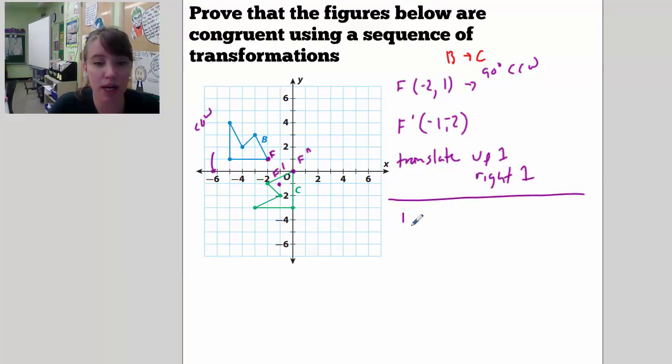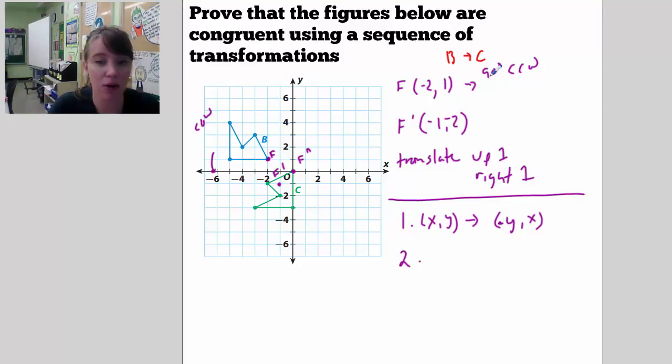Okay, so let's write it in algebraic representation. All right, so xy becomes, if it's rotated counterclockwise, we take the -y, comma x. So you can see I took the opposite of whatever was in the y coordinate and made it my x, and I kept the x coordinate but just made it my y coordinate.